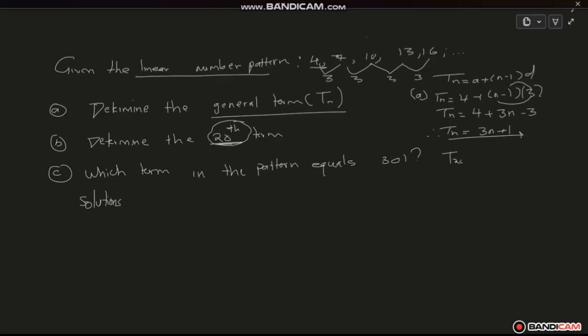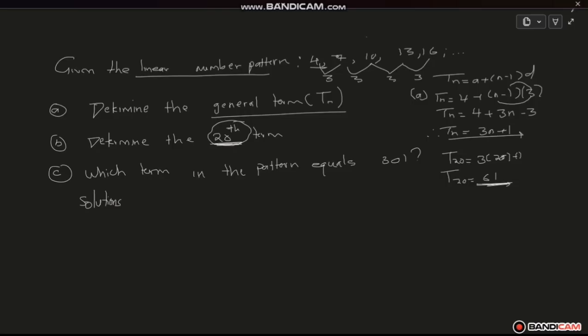You will need T20 equals 3n plus 1, where there's n, you substitute that 20, then you punch it in your calculator. I think you're going to have 61, if I'm not mistaken, because 3 times 20 is 60, 60 plus 1 is 61. I hope you understood that. Now, this is 61 here, meaning in position 20 we have 61 as our term.